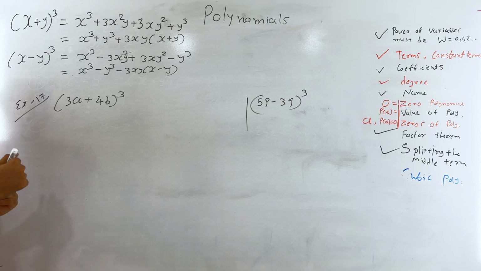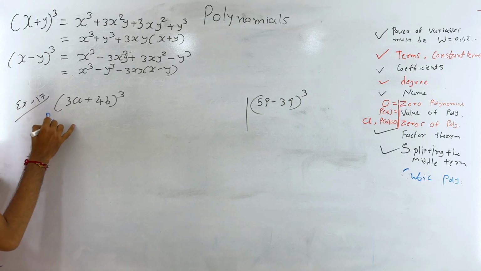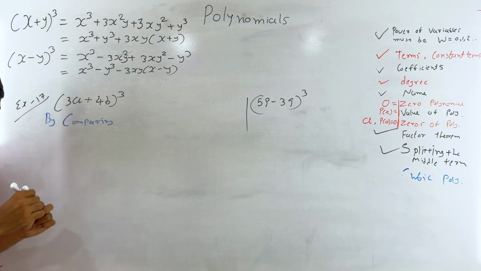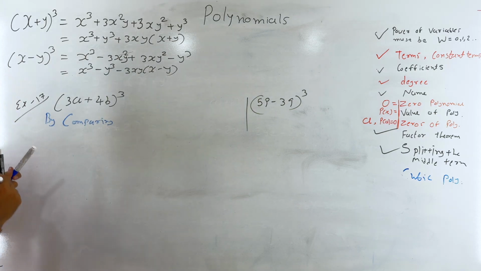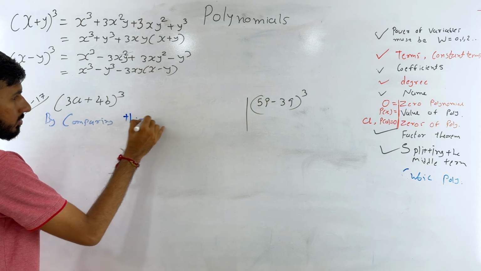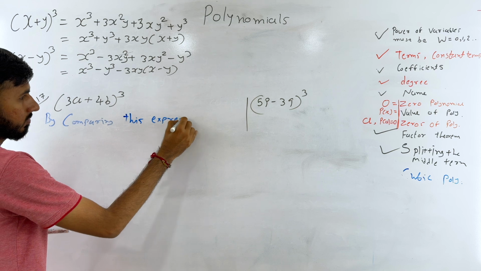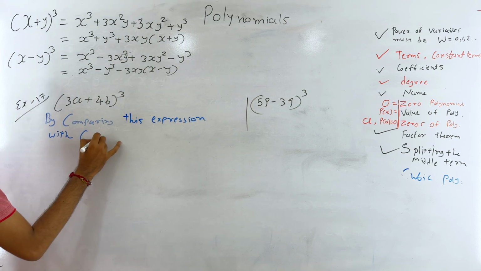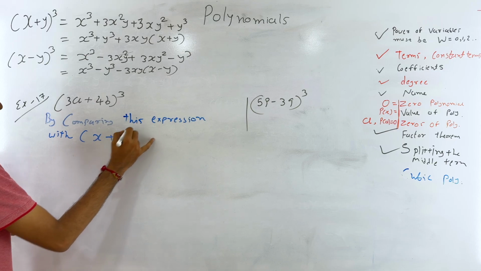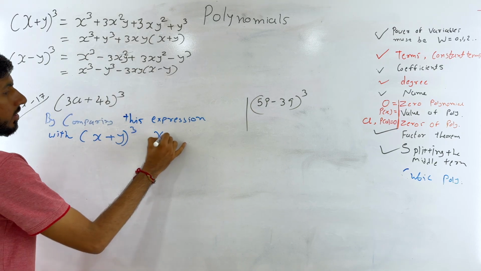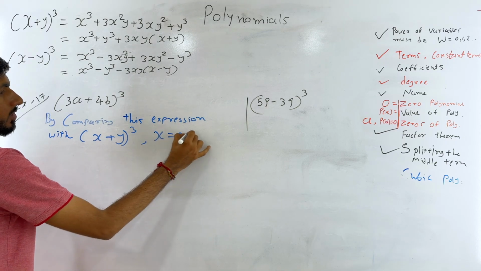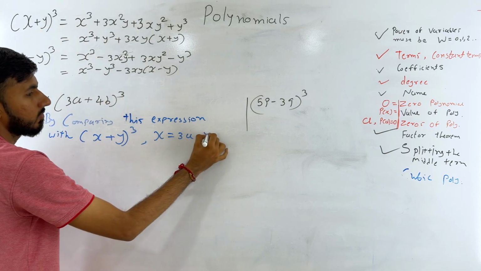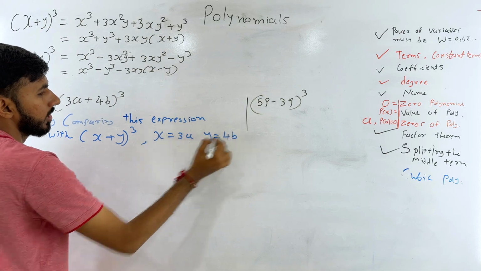So by comparing this expression with (x plus y) whole cube, I get x is equal to 3a and y is equal to 4b, right?